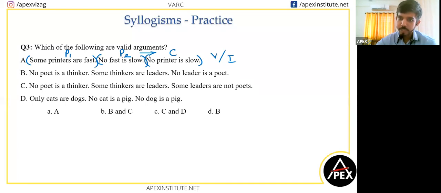So we are looking at one of these options. We have to choose A, B, C, or D. So we have to judge 4 and then we have to choose.